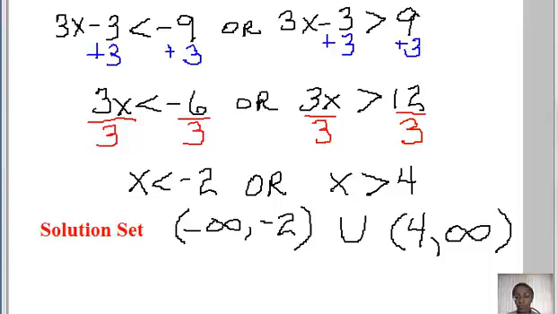Notice that we have an infinite collection of numbers that make the inequality true. These are two disconnected sets of numbers, neither set contains negative 2 or 4.